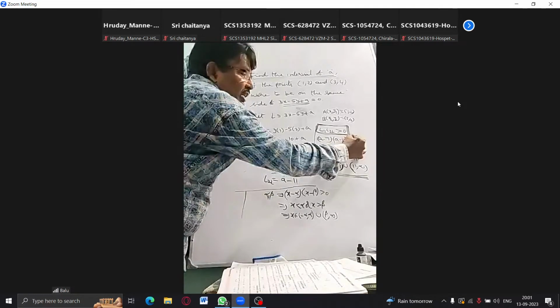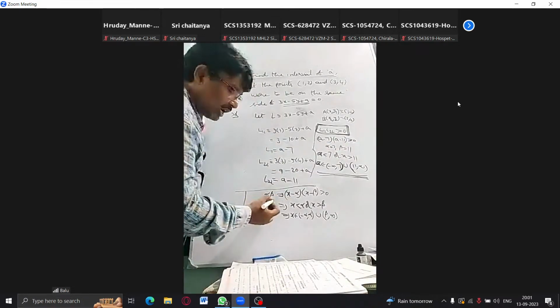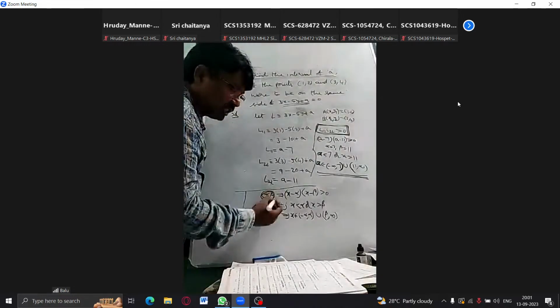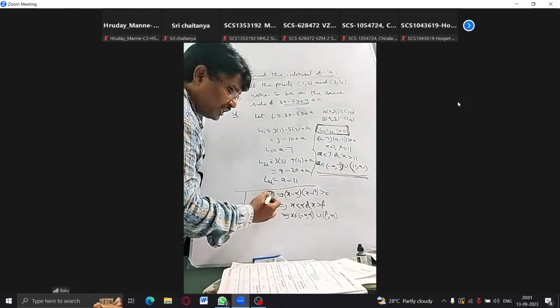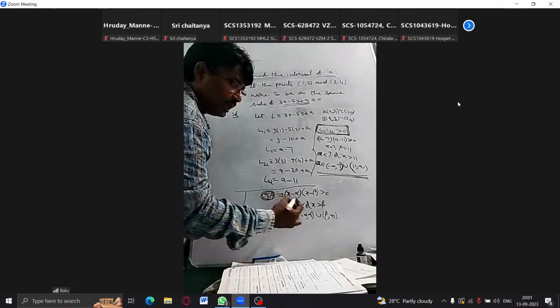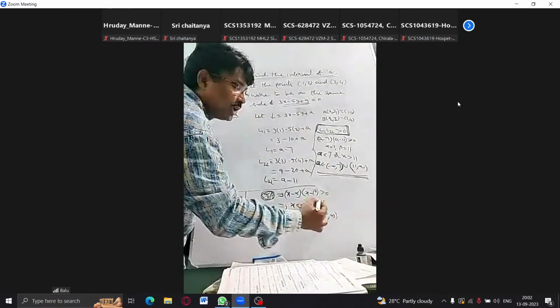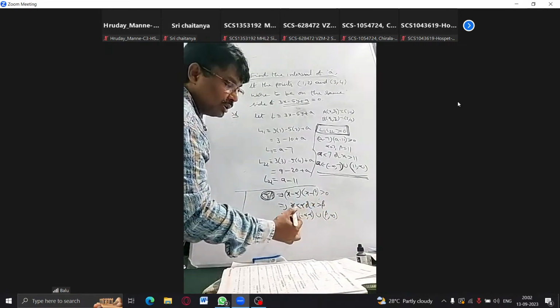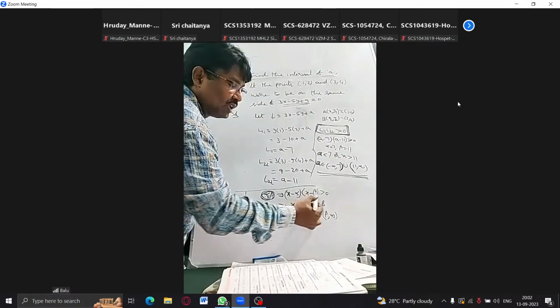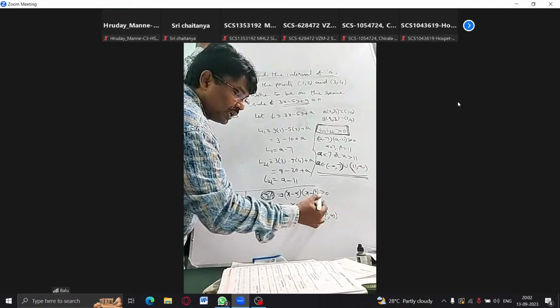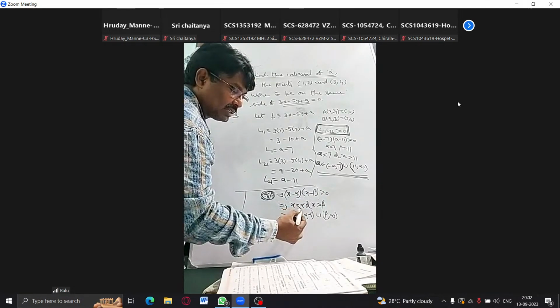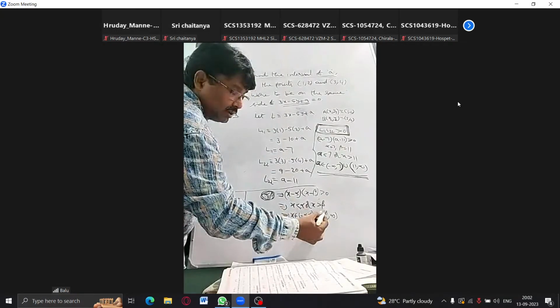Here the inequality is there. In quadratic equations, alpha and beta are the 2 roots. For these 2 roots, the inequality (x minus alpha) into (x minus beta) greater than 0, in which alpha is the least value and beta is the greatest value. The inequality can be written as x less than alpha or x greater than beta.